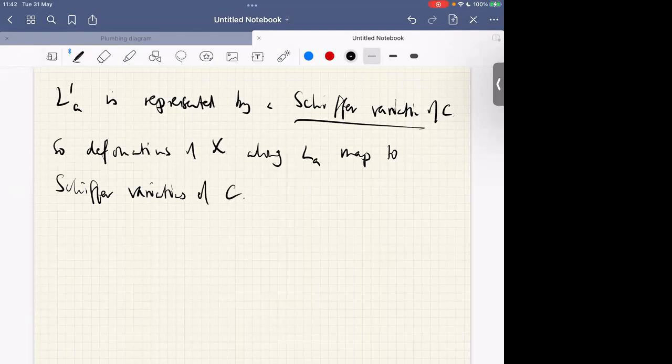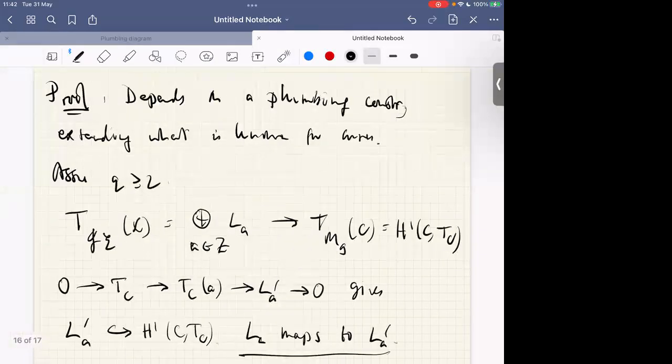So what are these Schiffer variations? Well, if we go back to the construction here, what is this? This line is simply introducing the variation.